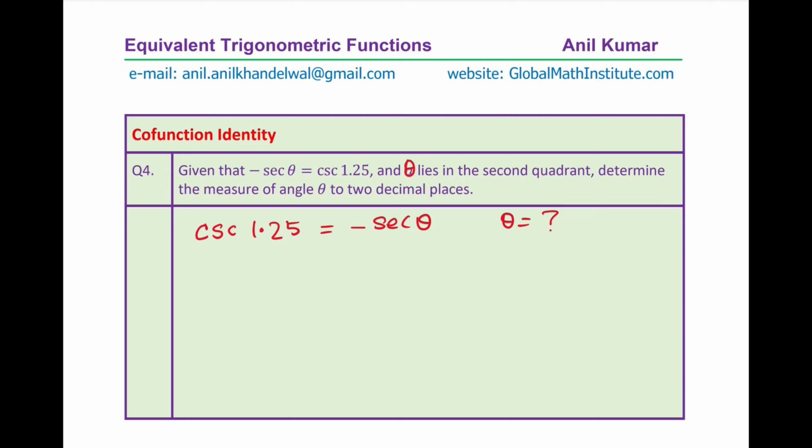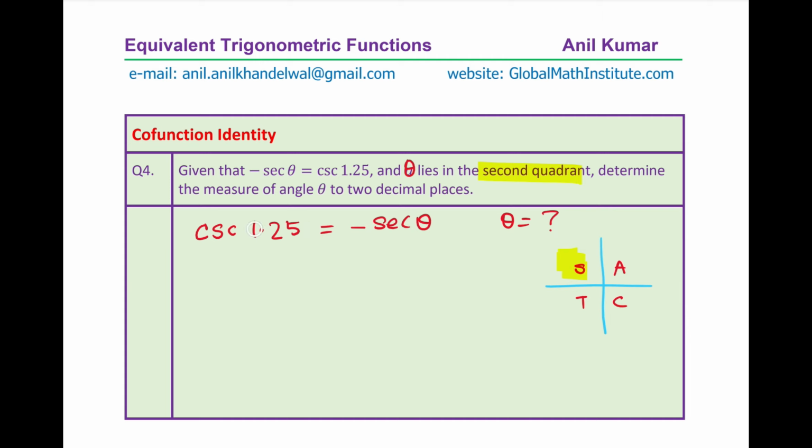Now looking back into the cast rule, we understand that all are positive in quadrant 1, sine in 2, tan in 3, cosine in 4. Since we are in quadrant 2, the second quadrant, we are working in this quadrant. Now in this quadrant, we know that the secant value will be negative, correct?